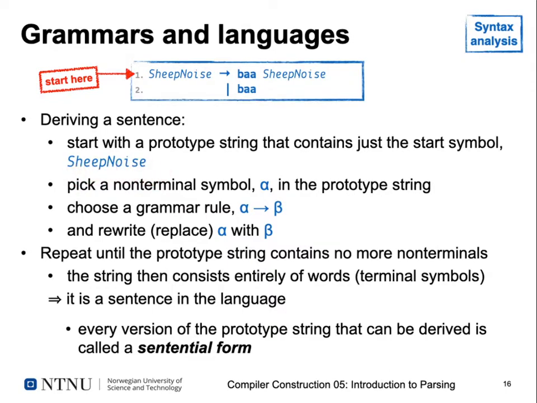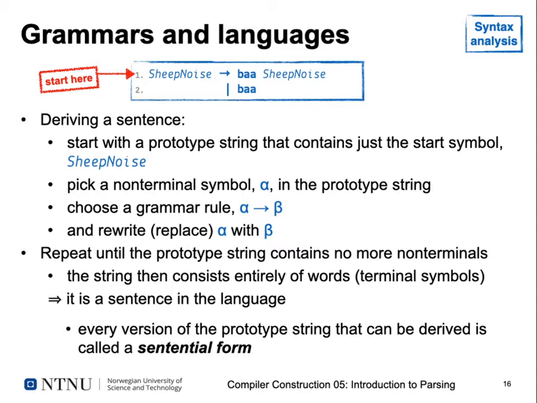Then we pick one of the non-terminal symbols in the prototype string, look which rules apply to this non-terminal symbol, so what can be derived from it, and then we replace the left side of this production with the right side.